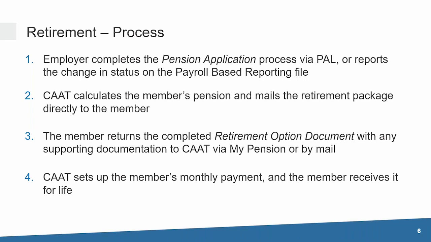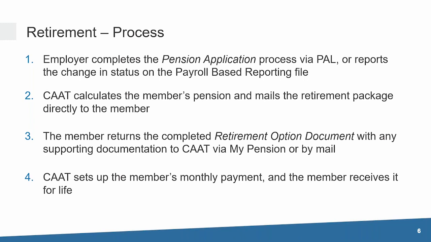The member returns the completed option document with the supporting documentation to the CAAT plan. If they have opted for an immediate pension, we will set up the member's monthly pension on the next available payment date. If members are interested in a pension purchase or transfer calculation, this must be completed well before the retirement process is initiated. This will help to ensure the pension is paid on time.